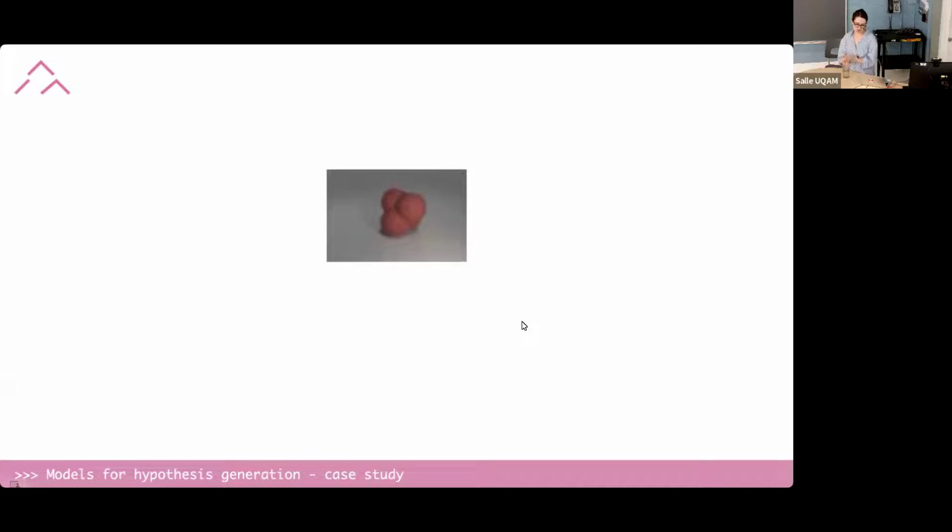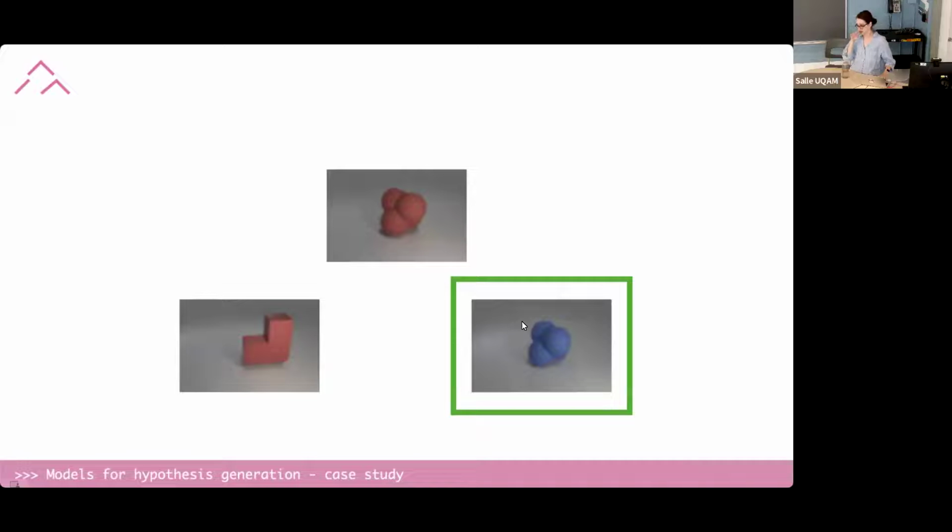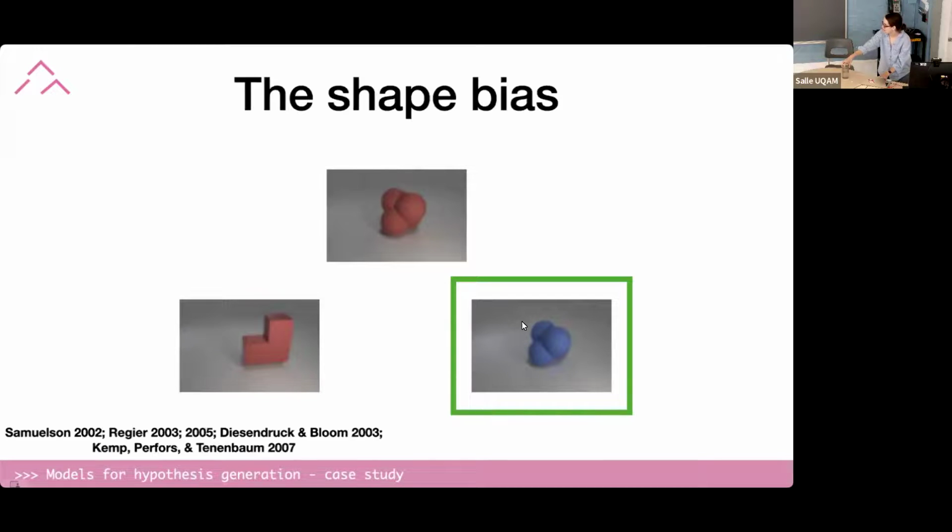Okay, so what is a shape bias? So if I show you this object and say, that's a DAX. Now I show you two more and say, no, there's another one. There's another DAX. Most of you will assume that I'm referring to this object here, okay? So this is called the shape bias. It's a tendency to assume that new lexical categories share shape features rather than other possible perceptual features like color or texture and so on.